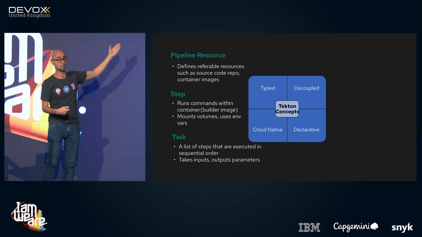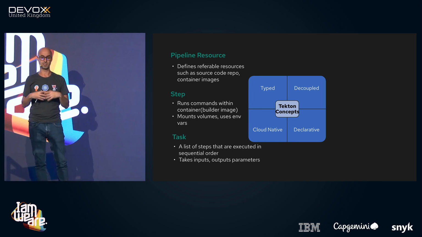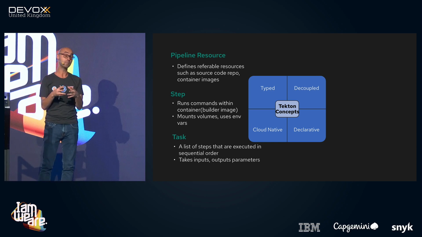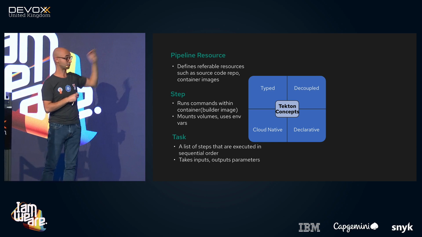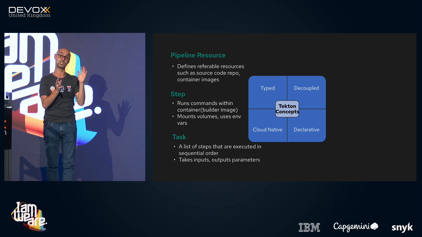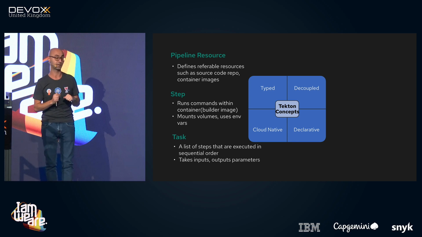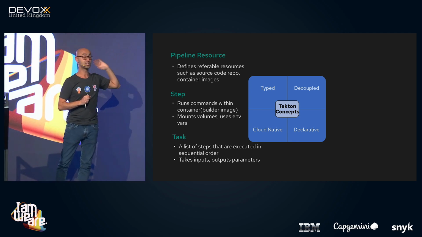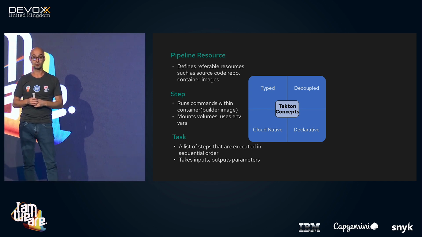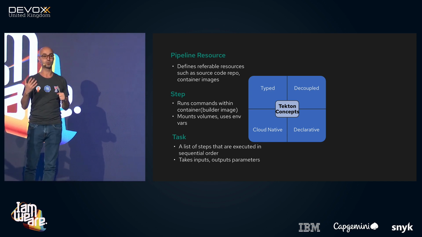Then we've got a step, and a step is not an object per se. It's not a Kubernetes object, but I like to put it here because, let's say, it's the core of Tekton. And basically, it's a container. And in this container, you define which commands you want to run.